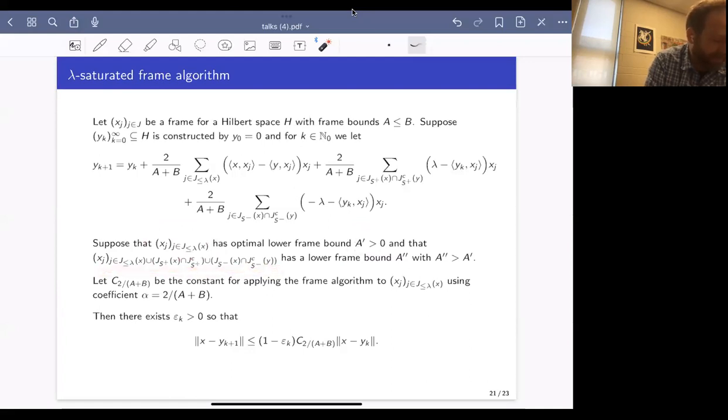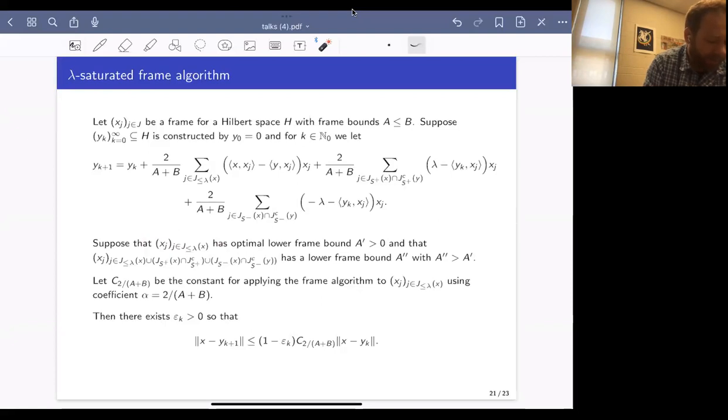kind of awful looking, but this would be all of the coordinates that get used in the unsaturated frame bound. If by putting in those other additional coordinates I can increase my frame bound any amount, then using the lambda saturated frame algorithm, it beats the normal frame algorithm using just these vectors.